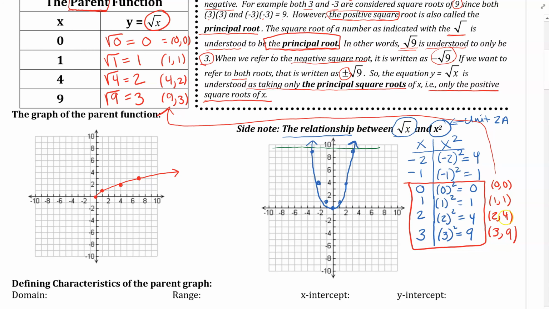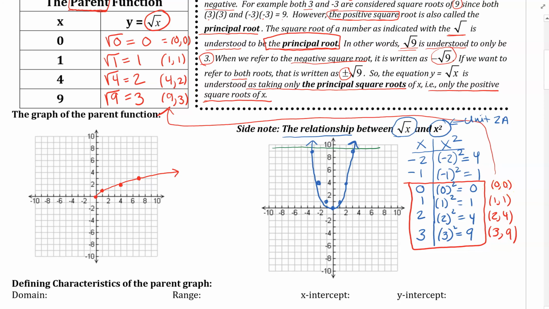I want you to notice the ordered pairs are in reverse order. Of course, 0, 0 and 1, 1 are the same because the x and y were the same, but 2 and 4 switched to become 4 and 2. 3 and 9 switched to become 9 and 3. And I want you to think about the lesson we just went over on inverse functions, and how an inverse function basically just reverses the order of the ordered pairs from the original function.